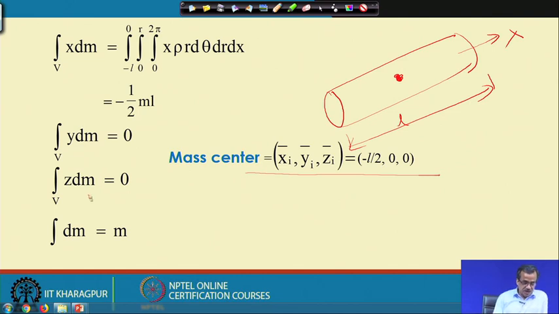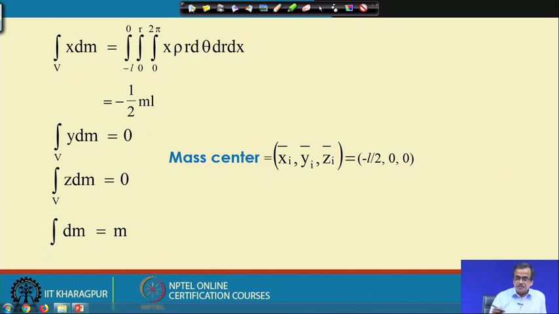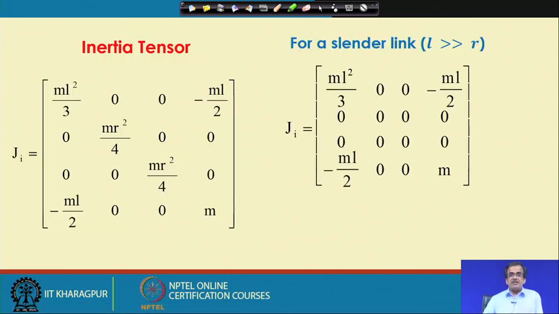Then comes the volume integration over dm, which is nothing but m. So, we can find out all such integrations. Next, once you have got all such expressions, now I can find out the inertia tensor.